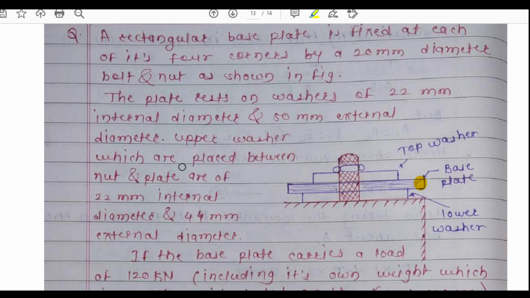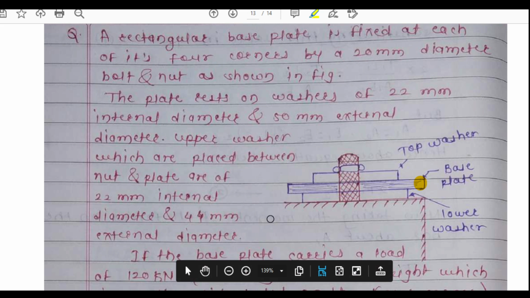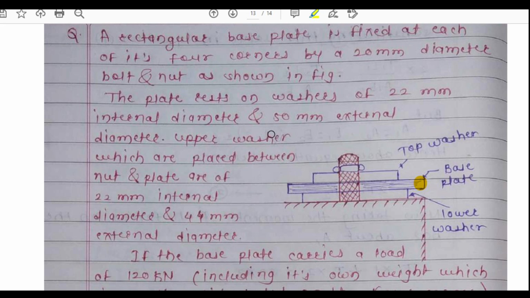The upper washers, which are placed between the nut and the plate, are of 22 internal diameter and 44 external diameter. What is the size of the upper one? 22 internal and 44 external, and the lower one is 22 internal and 50 external.